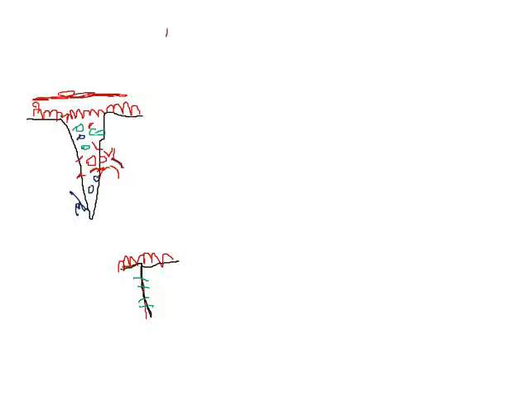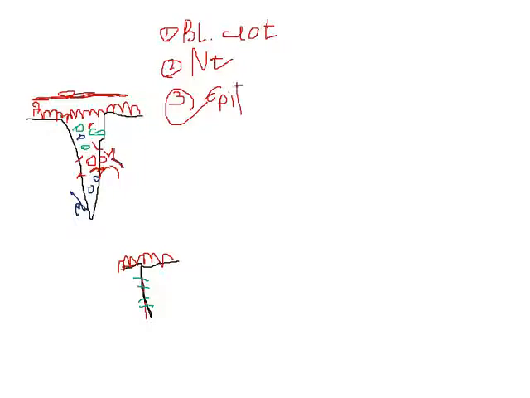So first of all, the stage of blood clot, and digestion of the blood clot with neutrophil recruitment. Then the macrophage comes. Then epithelial cells regenerate over the surface and close the gap.